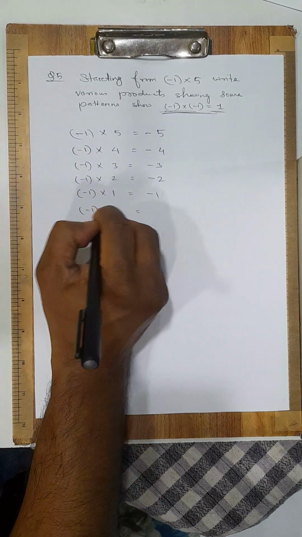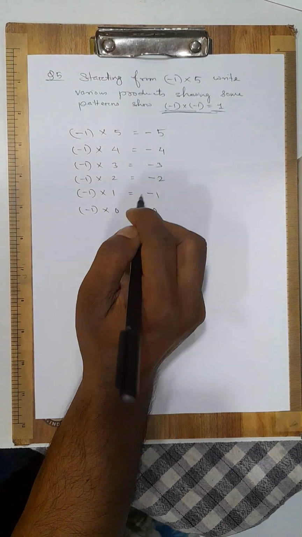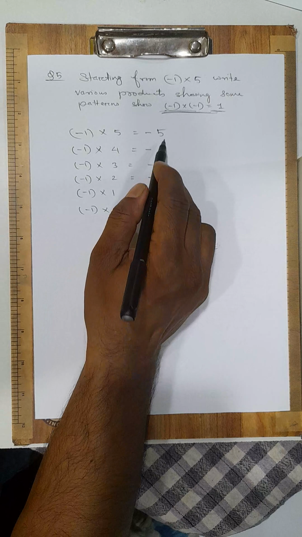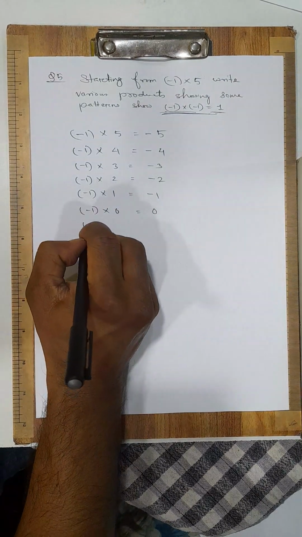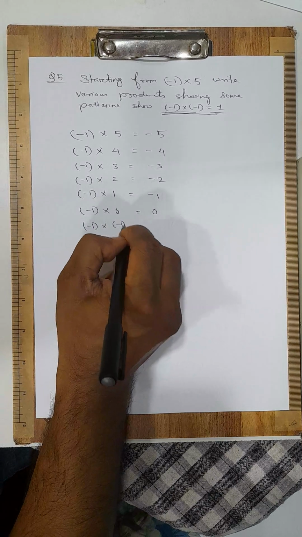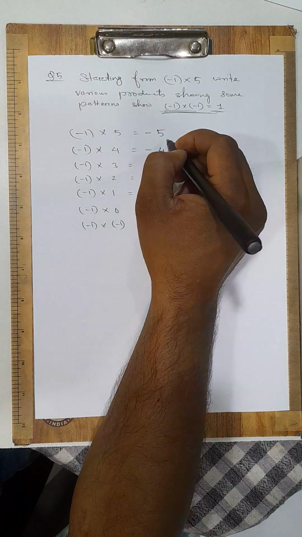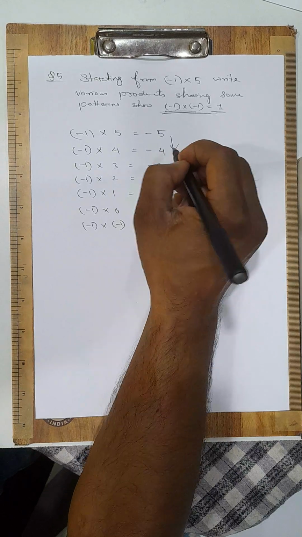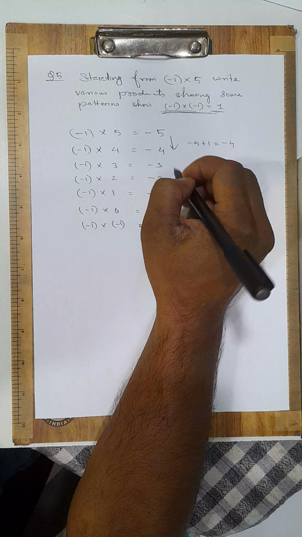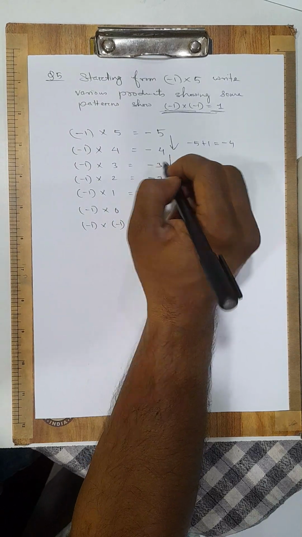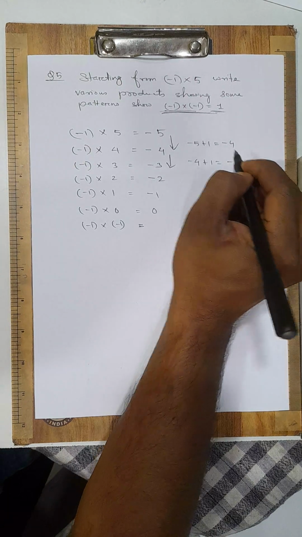Minus 1 multiplied by 0 equal to 0. 0 is greater than minus 1. This is decreasing, and this column is increasing. Next you see minus 1 multiplied by minus 1 equal to, so it is increasing by 1, right? Minus 5 plus 1 equal to minus 4. From this to this, minus 4 plus 1 equal to minus 3.